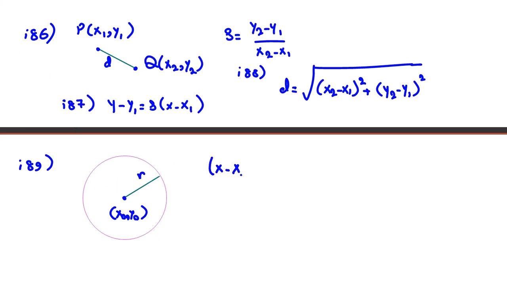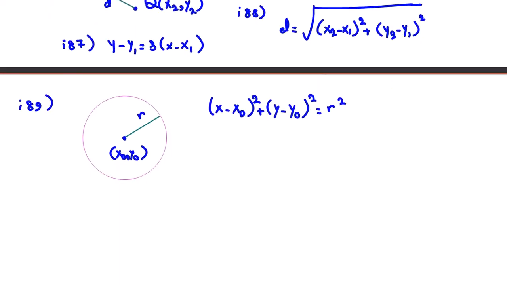So the equation of that is (x minus x0) squared plus (y minus y0) whole squared equals r squared. And also for idea 90, for parabola, for example, vertex, opens up, opens down.